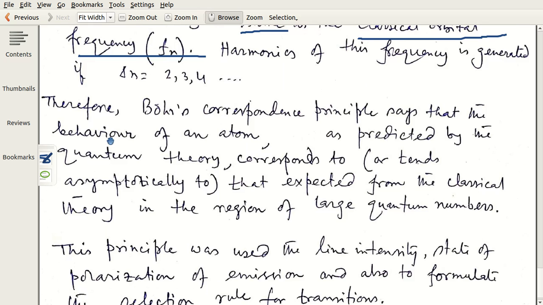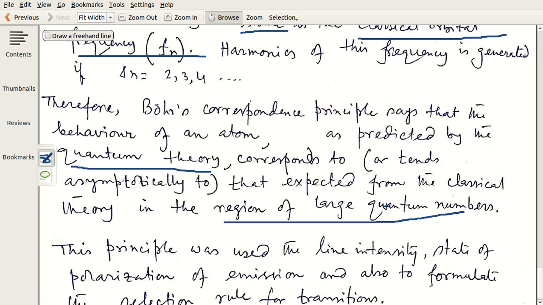And therefore, we see that Bohr's correspondence principle says that the behavior of an atom as predicted by the quantum theory corresponds to the results of the classical theory when the quantum number is large. When the quantum number is large, the results of quantum theory and classical theory become identical.